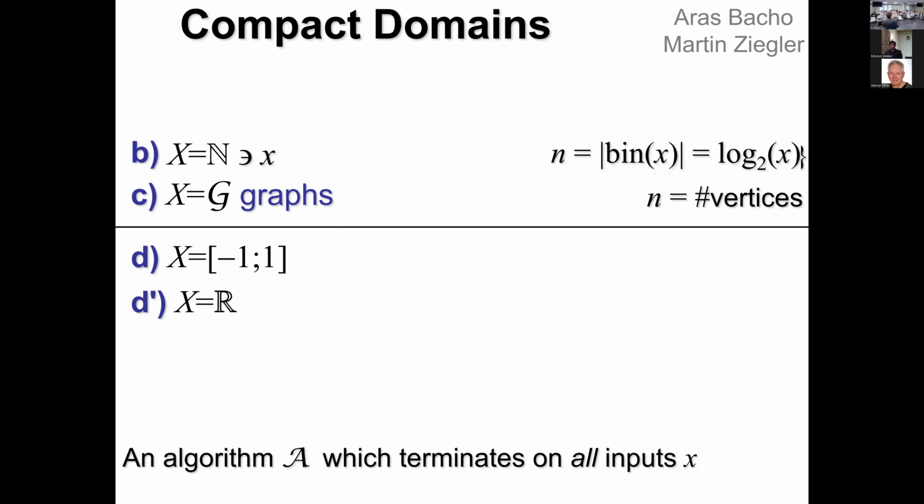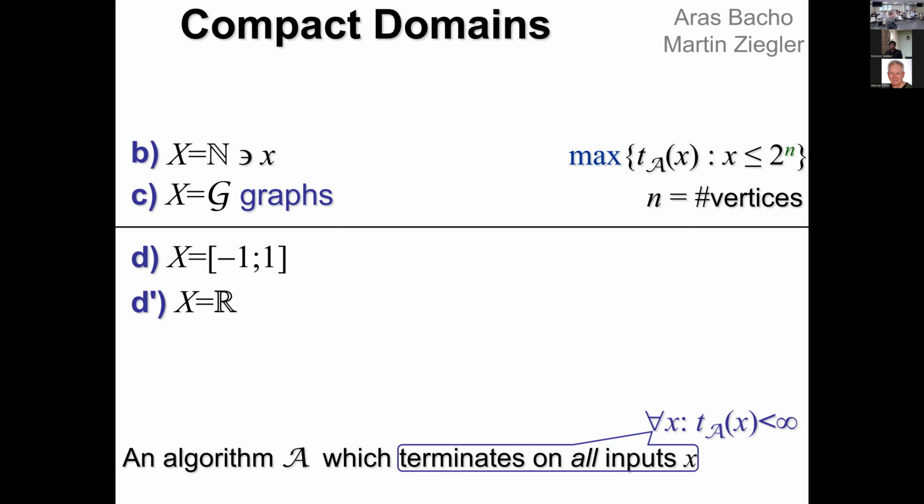The worst case, when you take the running time of the algorithm on all inputs up to size n, that is up to value 2 to the n, each running time being finite, is a maximum of finitely many. This is the usual definition of worst case complexity, and then n tends to infinity, that's asymptotic complexity.